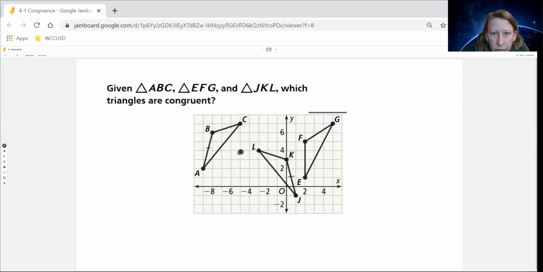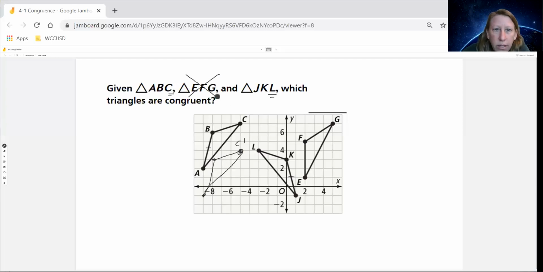Okay, I'm going to redraw this triangle straight down 3, and it's going to look like that. It's kind of messy, but it's good. Okay, so that's my new C. And remember, I'm trying to get C to match up onto L because the order matters.